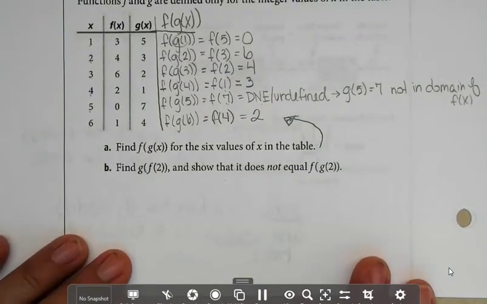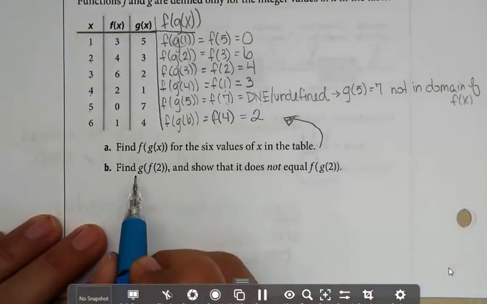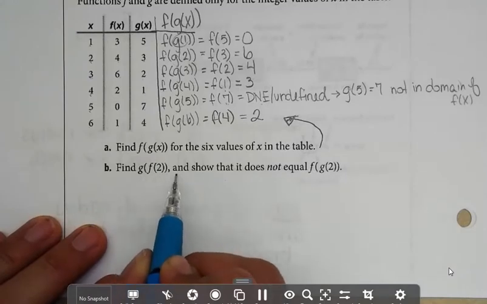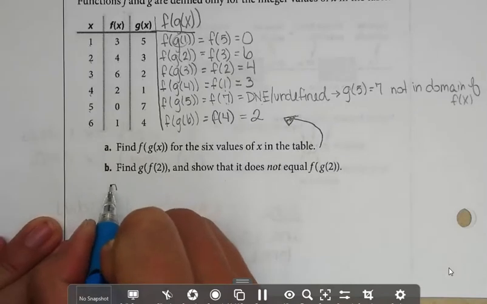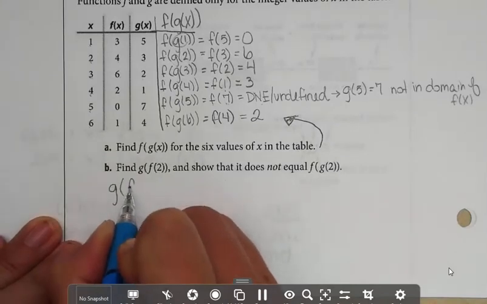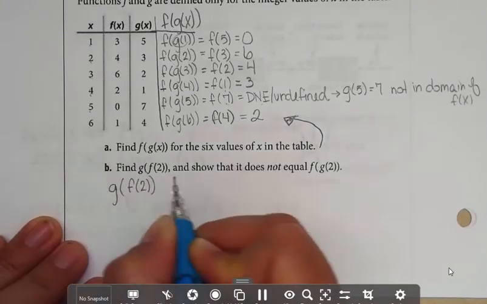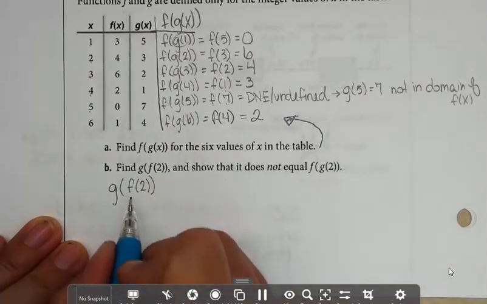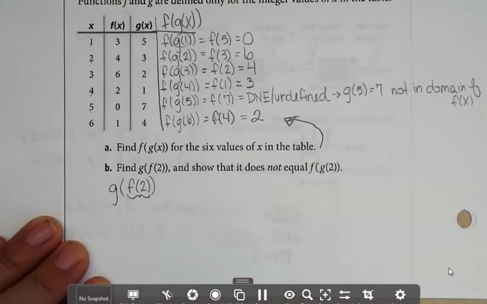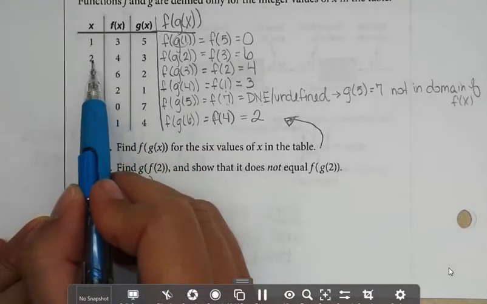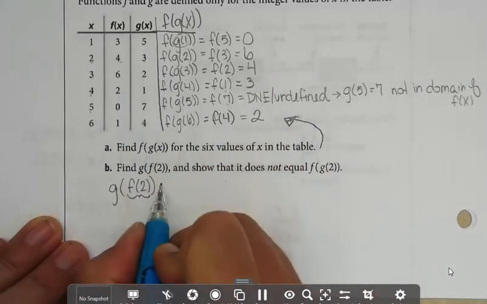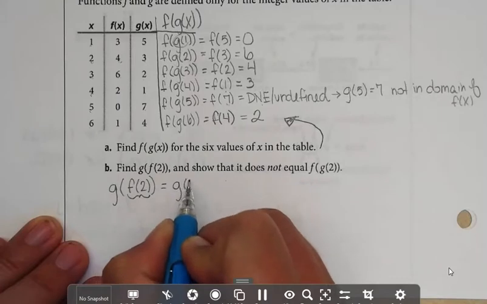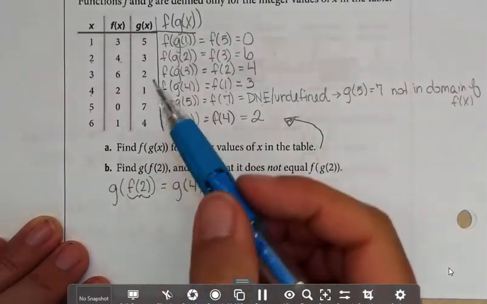All right, now for B, I'm going to find g of f of 2 and show that it does not equal f of g of 2. So g of f of 2. Let's start with what f of 2 equals. Going to the f function, put 2 in, I get 4 out. So really this becomes g of 4. And what is g of 4?